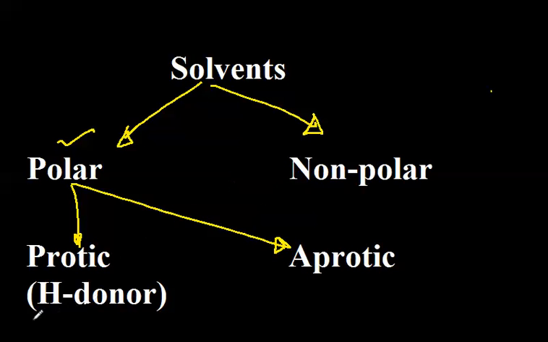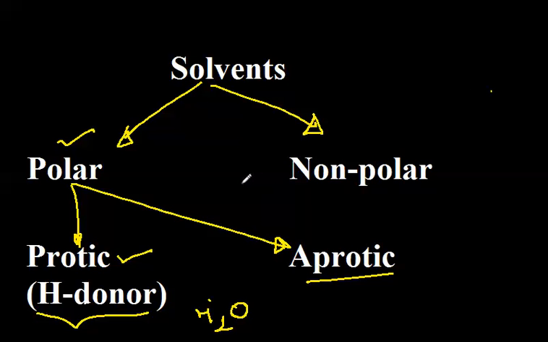The meaning is very simple. If you have a solvent like water, H2O, and it can easily give this hydrogen as the bond is polar, or it is an H donor, then it is a proton donor or a protic solvent. And if it is a polar solvent but it won't leave that hydrogen easily, it's an aprotic solvent. And we'll see which type of solvents are used in which reactions. So the logic is very easy over here.